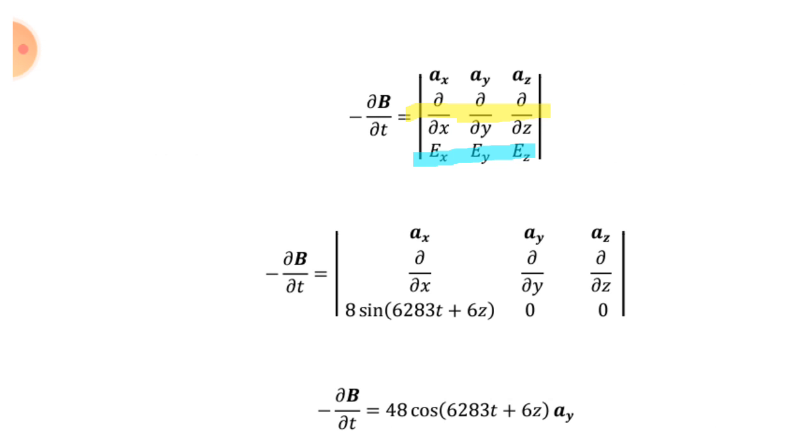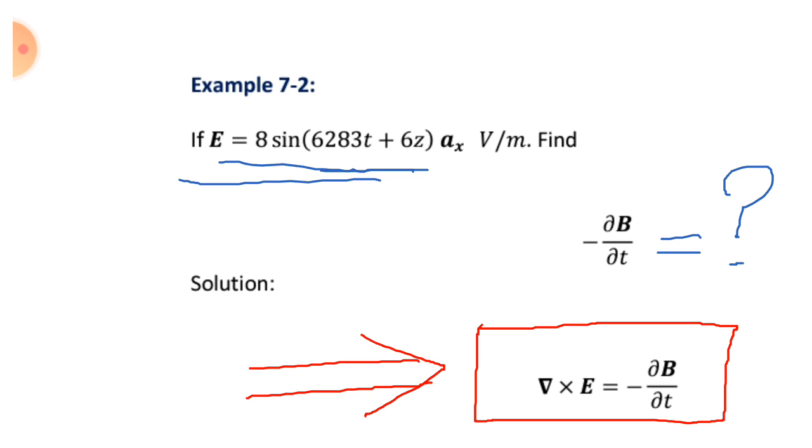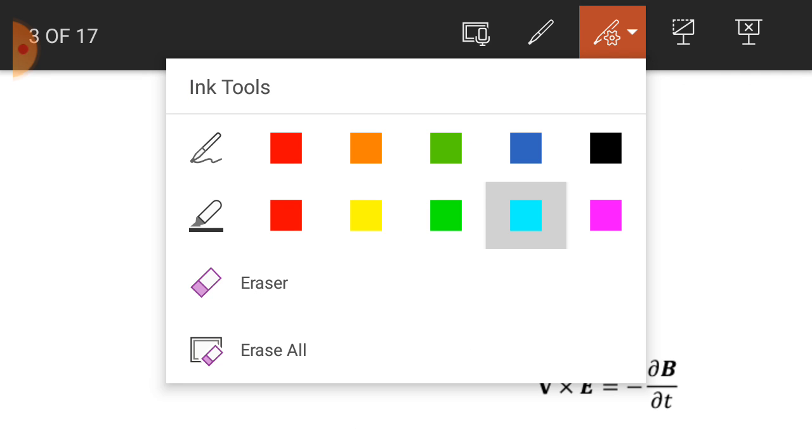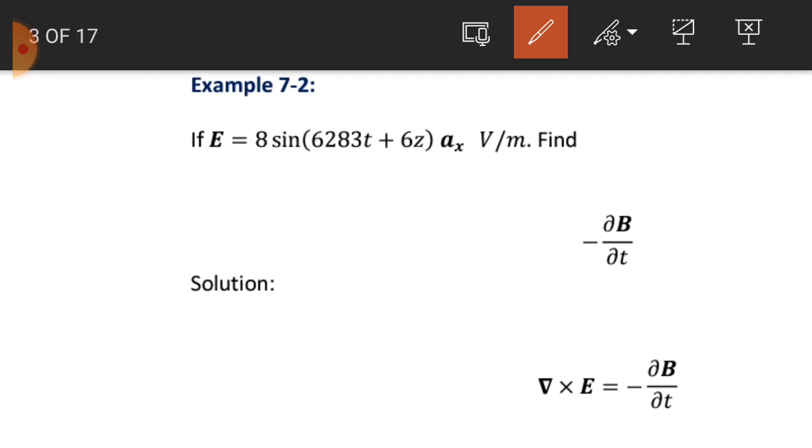Let us consider the equation for the electric field intensity. So here is the equation for the electric field intensity, and you see the electric field intensity is in the direction of the unit vector AX. This means that electric field intensity has got one component only, which is the X component.